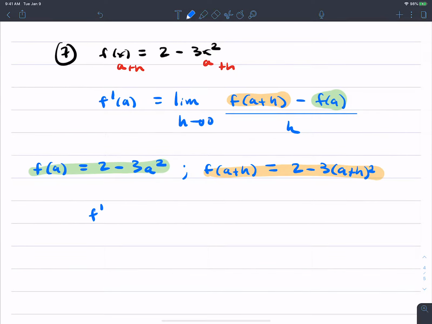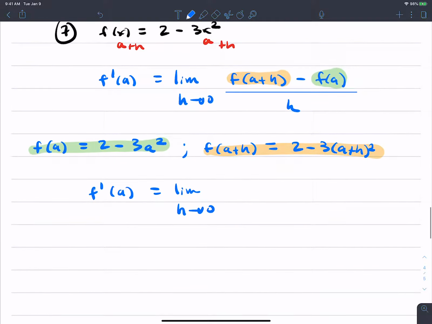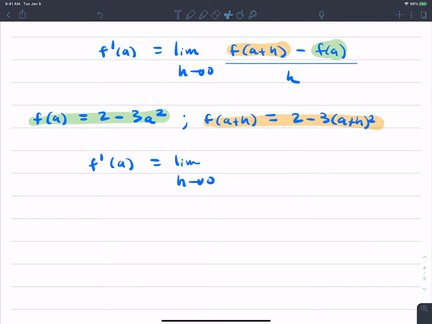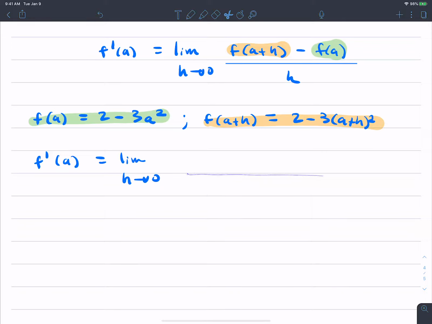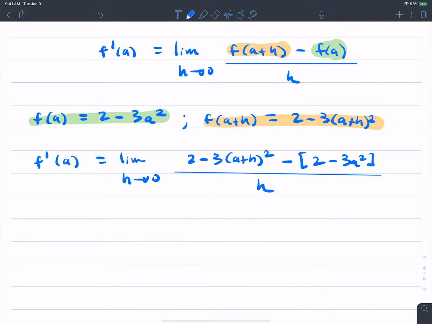Okay, f prime of a is the limit as h goes to 0 now. And let's plug everything in here, but I'm going to need space here. Okay, here we go: 2 minus 3 times a plus h squared, minus 2 minus 3a squared, everything over h.